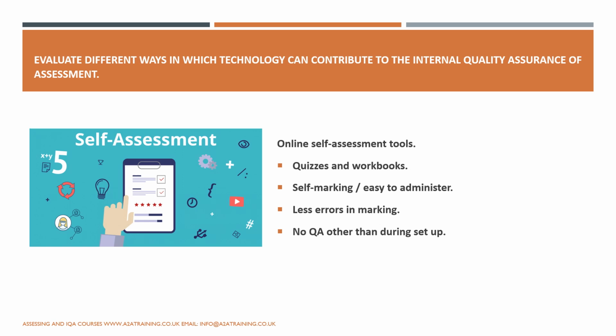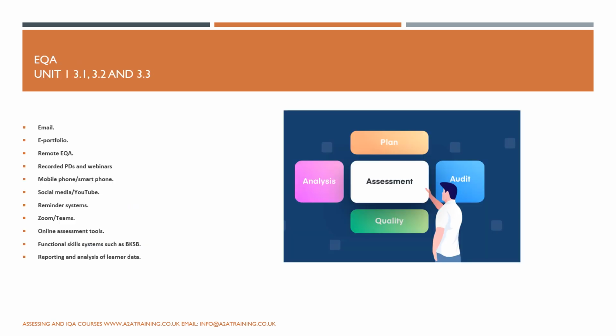Quizzes can be administered online, they're self-marking and can even send the results direct to the learner, and they can also analyse which learners are getting which questions right. This helps with errors in marking, and whilst the initial setup is quite challenging, once that's done, it's there until it goes out of date.